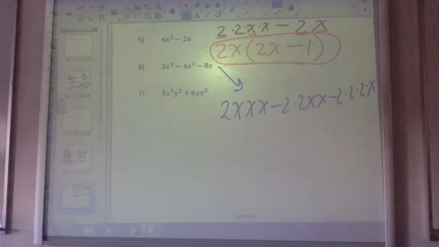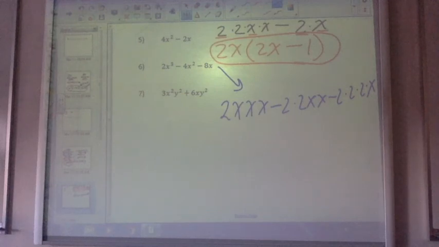I didn't take any of those out. Agree? So I have 3 terms up there now. I have 2x to the third was one of the terms, which is 2x. I have negative 4x squared, which is negative 2 times x times x. And my third term is negative 8x, which is negative 2 times 2 times 2 times x. Agree?